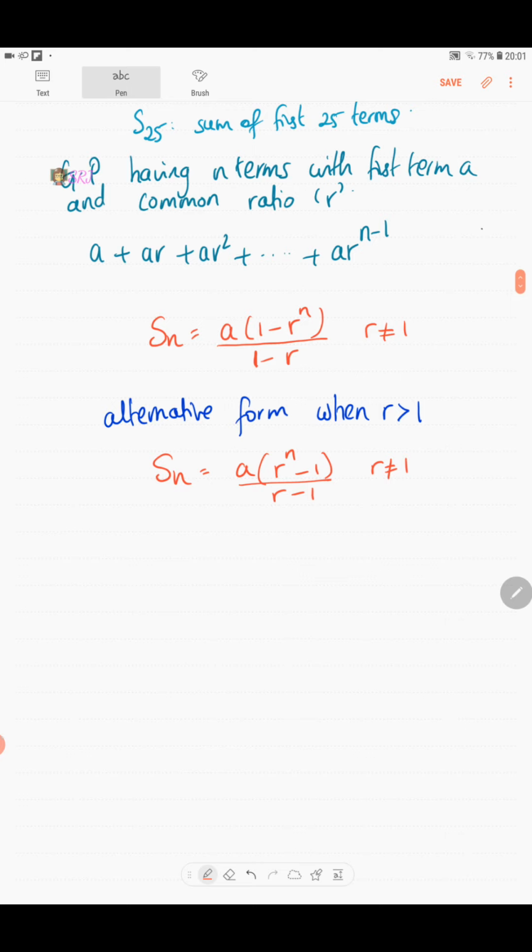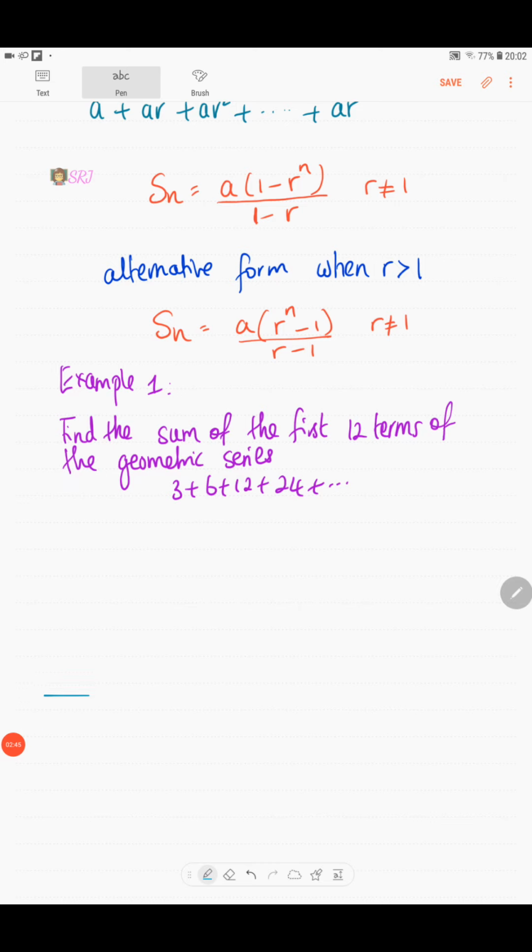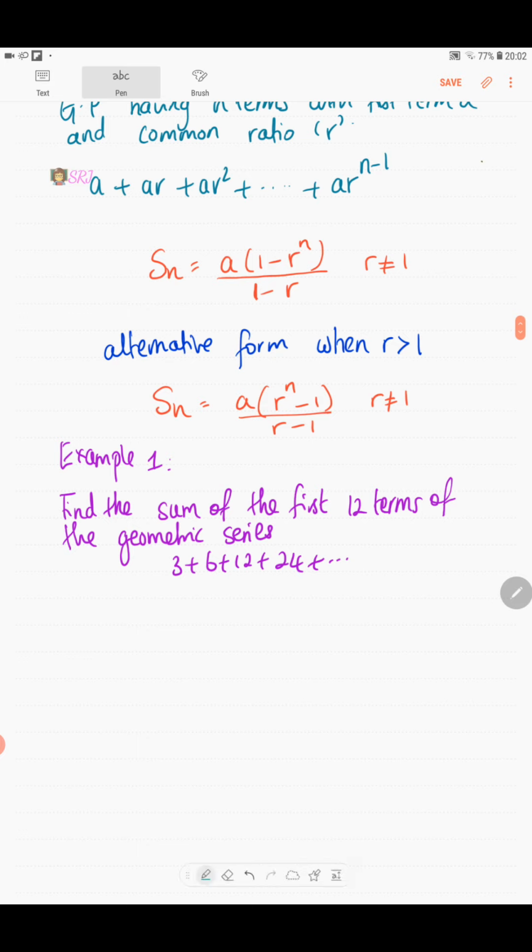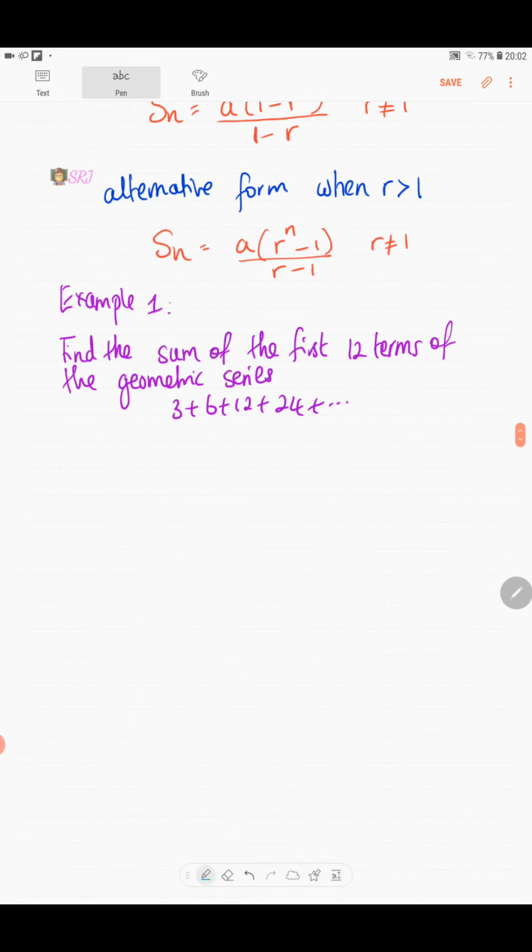Let's have a look at the first example. Find the sum of the first 12 terms of the geometric series 3 plus 6 plus 12 plus 24. So here we have first term A equal to 3 and the common ratio is 2.